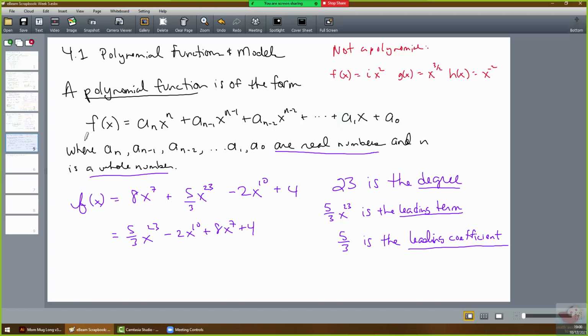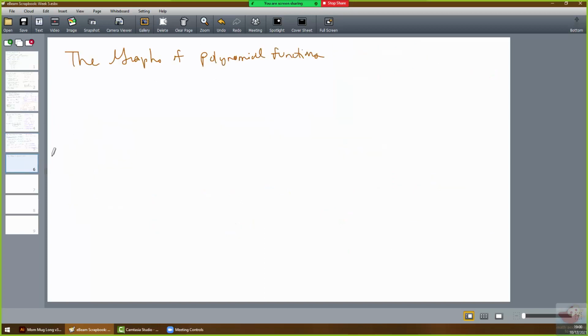Okay. So before we say what a polynomial function is, we're actually going to say what it isn't. The graphs of polynomial functions do not contain a jump. A jump is a sudden change in a y value.